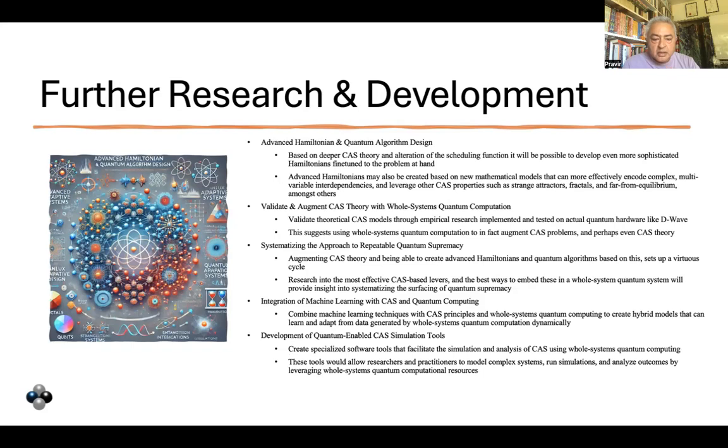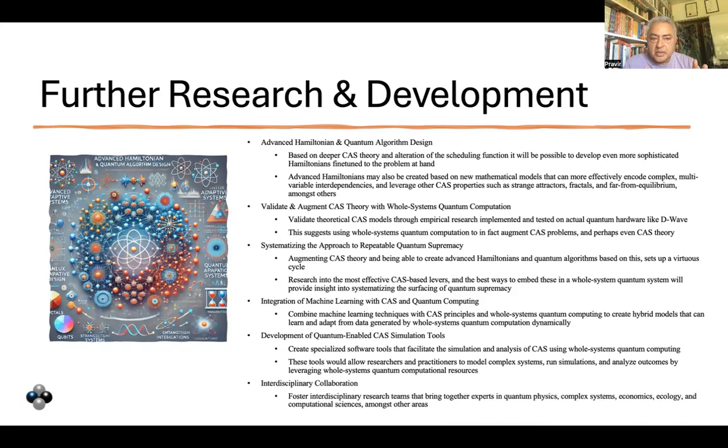And then finally, what we can do is we can also develop quantum-enabled CAS simulation tools. So create specialized software tools that facilitate simulation and analysis of CAS using whole systems quantum computation. And these tools would allow researchers and practitioners to model complex systems, run simulations, analyze outcomes by leveraging whole systems quantum computational resources.